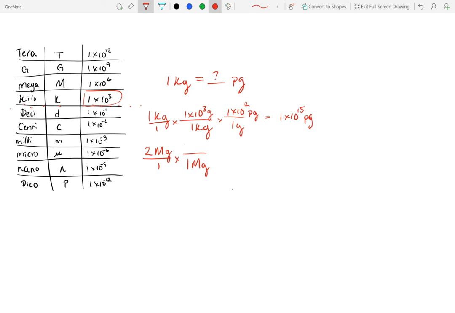There's going to be 1 times 10 to the 6 grams, right? Because a megagram is obviously very, very large, much larger than a gram. So now that we're in the gram, let's convert into the teragram. Actually, let's do it this way. In 1 times 10 to the 12 grams, there's 1 teragram.